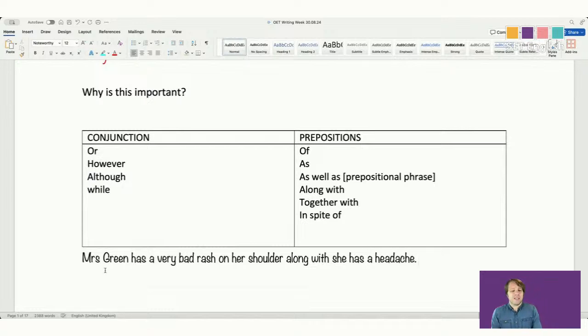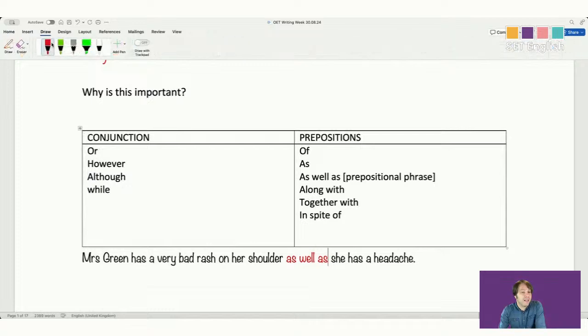Okay, is this correct? Along with, is that correct? No. What about if I say as well as? Is this correct? No. The reason is, after prepositions, you cannot have a subject and a verb. After prepositions or preposition phrases. Does that make sense?